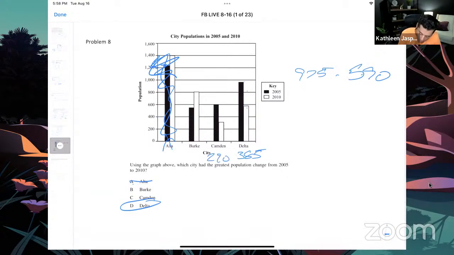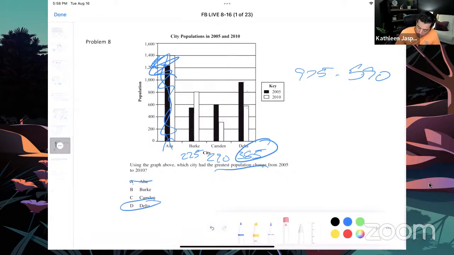And for this one, it's 800, and let's call it 575. So 800 minus 575, and I get 225. Now look, which one had the greatest population change? What's the bigger number? 225, 290, or 385? 385 is the greatest number, and that's what you're looking for.